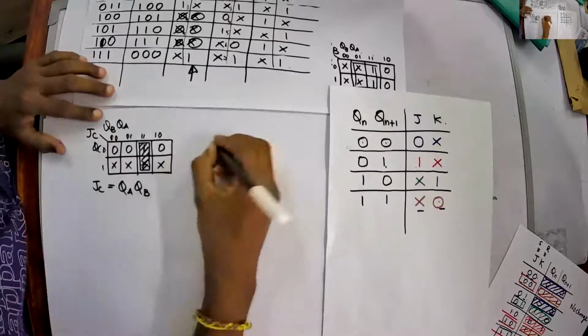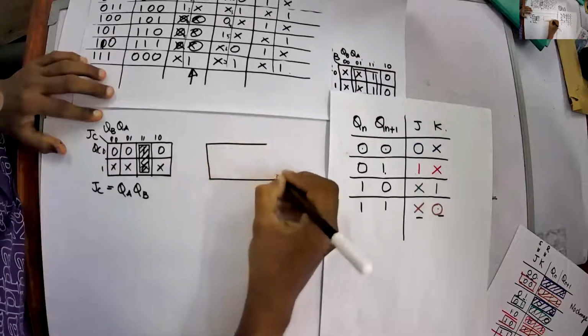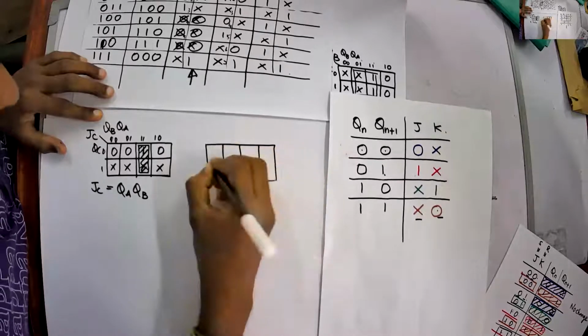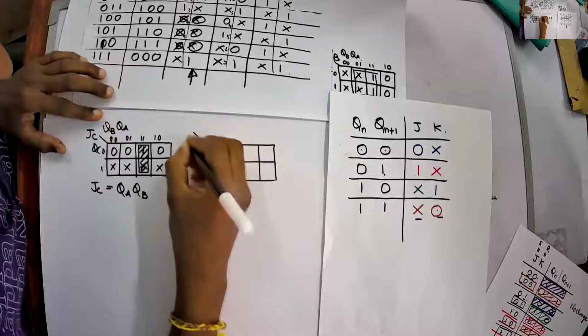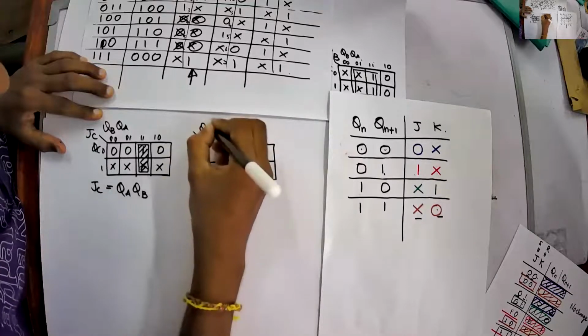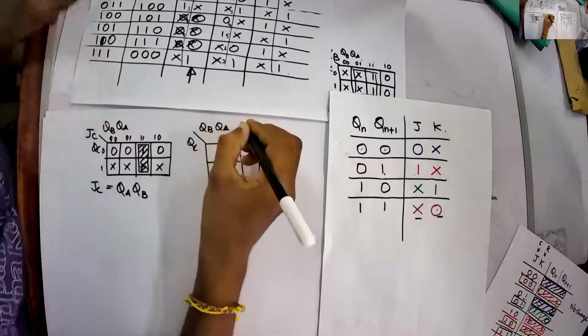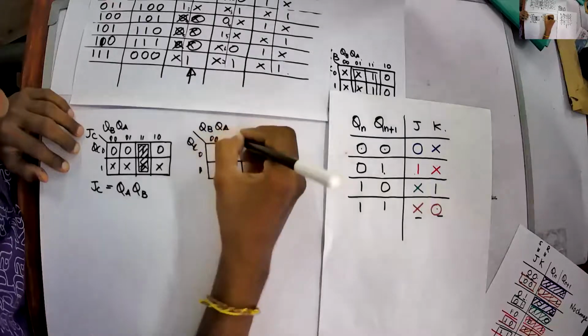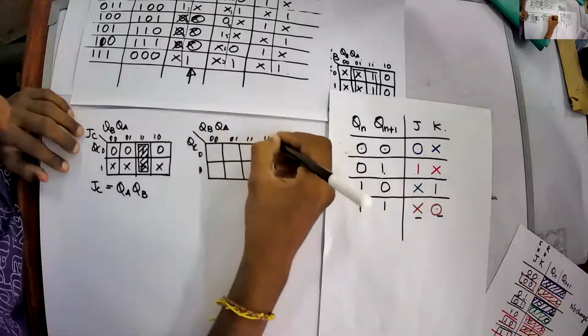Similarly, we'll do the K map for KC as well. We'll do the K map for QC, QB, QA, using the same order 0, 1, 0, 0, 0, 1, 1, 1, 1, 0.